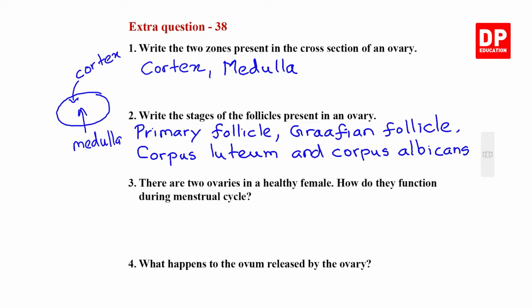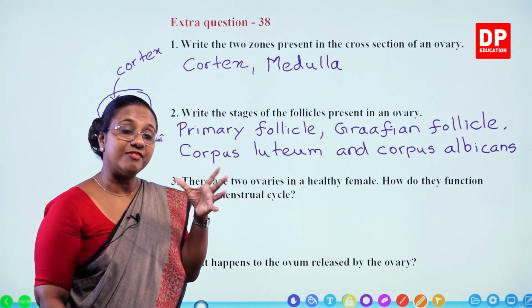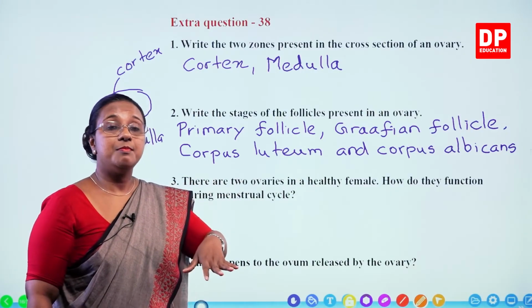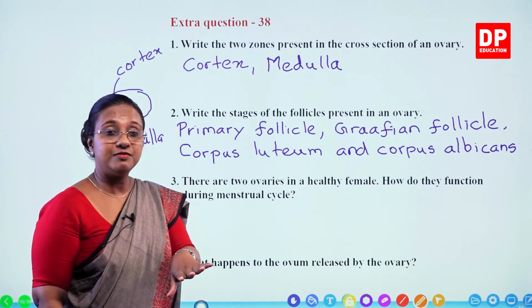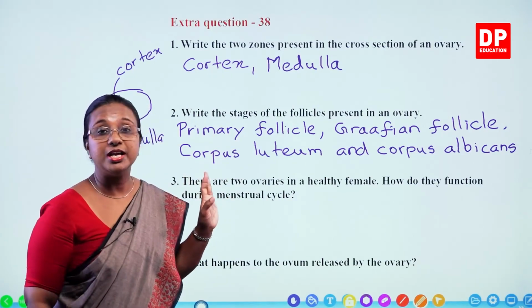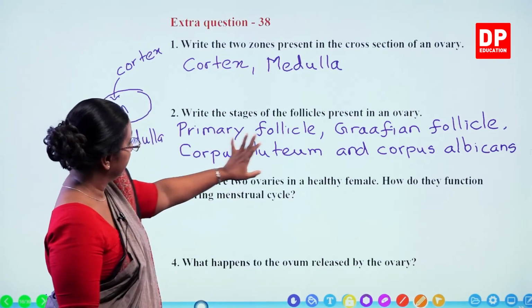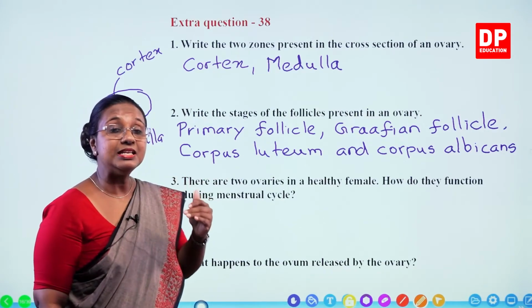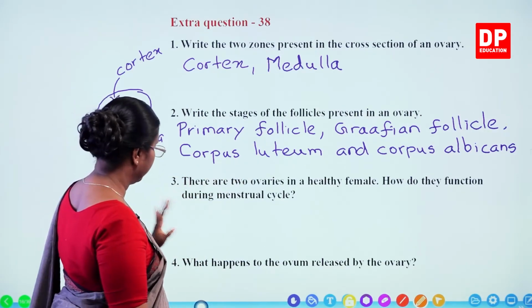So those are the different stages. And you all also know, students, Graafian follicle, we have the developing Graafian follicle, mature one, then the burst Graafian follicle. But we don't have to write all those. We need to just include all the main stages, the different names only.